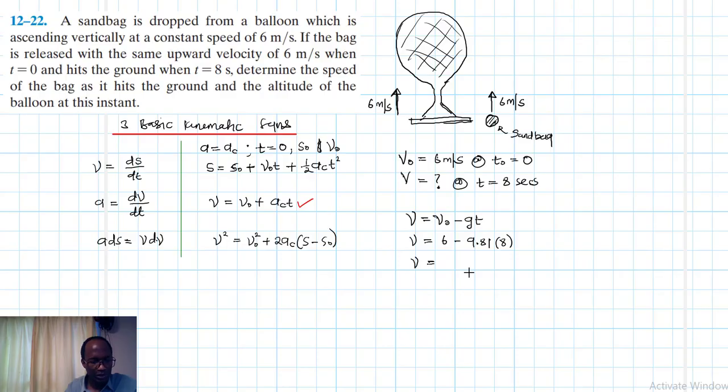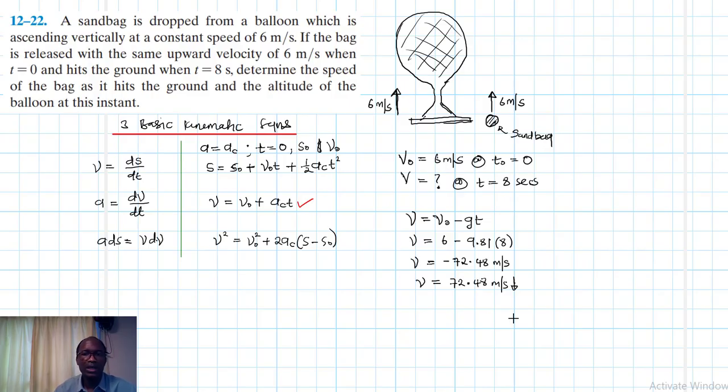We have a minus 72.48 meters per second. This negative just shows the opposite direction. 6 is going up while our velocity is pointing down. So this can also be written as v is equal to 72.48 meters per second, then we put an arrow down like so. So this is the speed of the bag as it hits the ground.